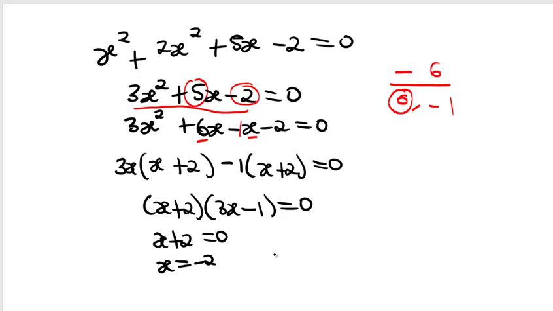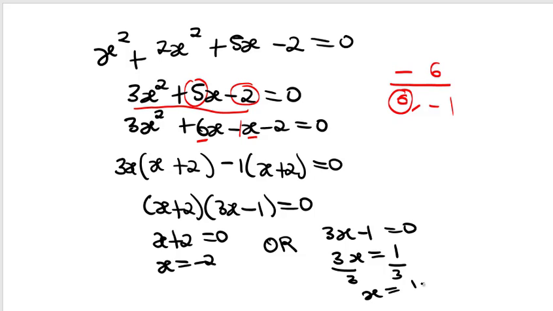Or we take 3x minus 1 is equal to 0, we have 3x is equal to 1, we divide both sides by 3, and we have x to be equal to 1 over 3. Alright, so therefore our x is equal to negative 2, or x is equal to 1 over 3.